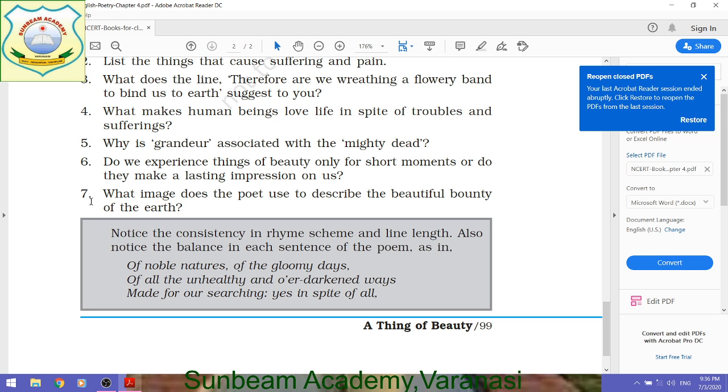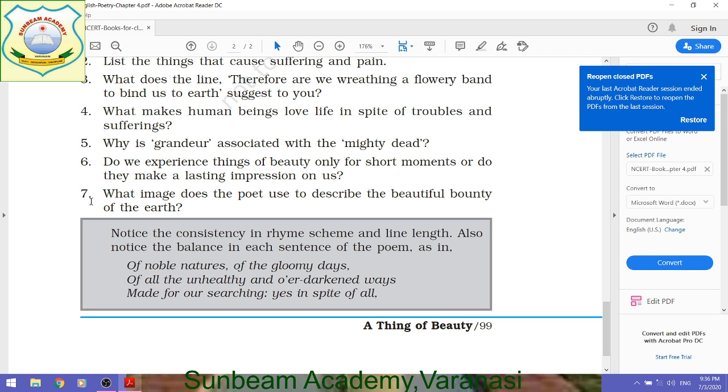The bounty of the earth is like an endless fountain, especially in the end, which he has mentioned. And this endless fountain of immortal drink constantly pours from the heaven into our hearts and soul to satisfy us.